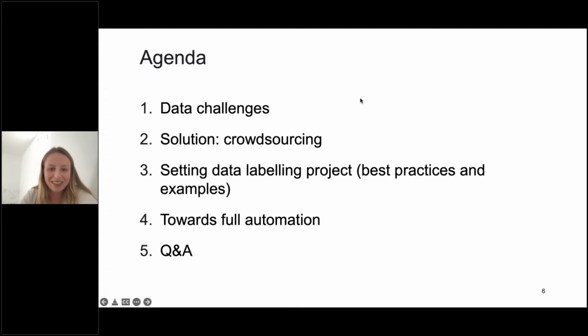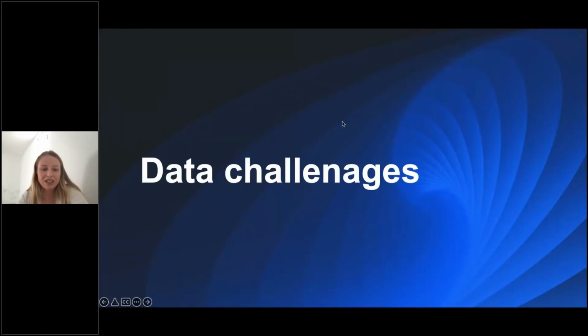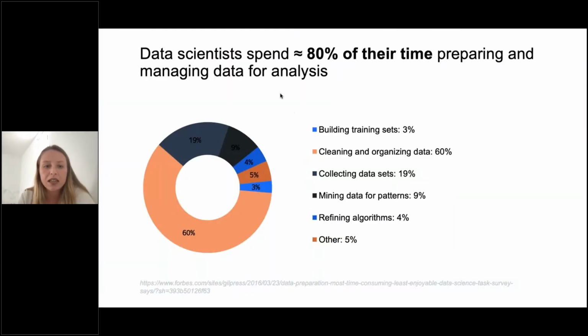Yeah, let's get started. Let's start with some challenges that we have with data. As you can see, this is an old graph that was published in Forbes a few years ago. What is important to note here is that 80% of the time of the data scientist is spent on preparing and managing data.